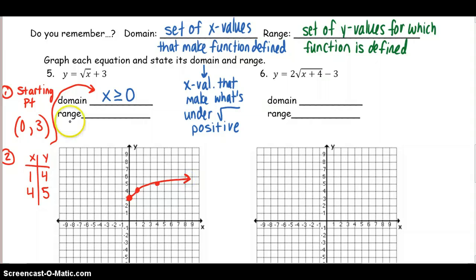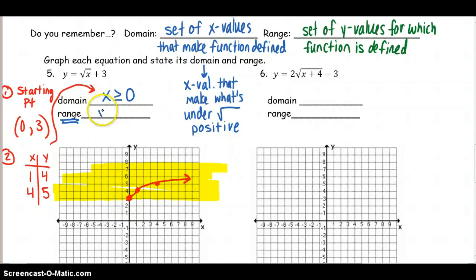Now, remember, we still got to get that range there, and the reason I graph before I find the range is you should kind of be able to see it a little clearer now. Remember, the range is the set of y values for which your function's defined. Well, if I look at this graph, this is the lowest y value it hits, and then it'll just keep going up from there. All right, so I know that my range starts when y is 3, and then it's everything above 3.